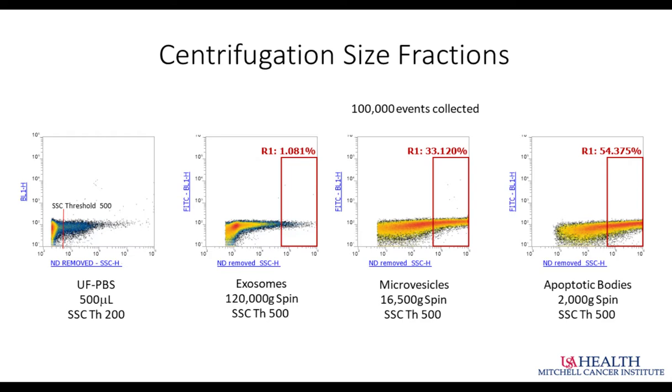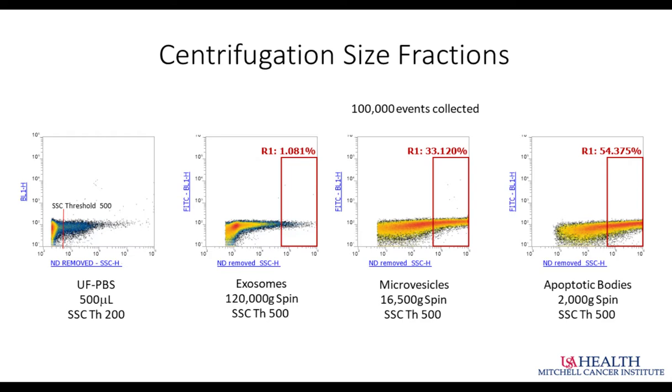Again, small amount of electronic noise. That's run at a threshold setting of 200. And generally, we move that threshold up to about 500, which is where that red line is indicating, so that we can not count noise particles. And then the rest would just be the 30 nanometer or less debris zone in that PBS.